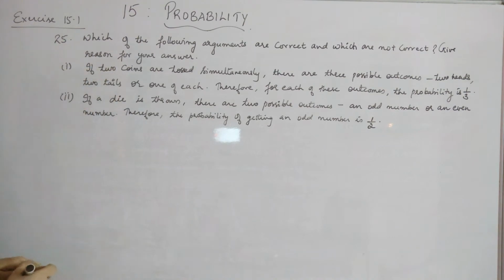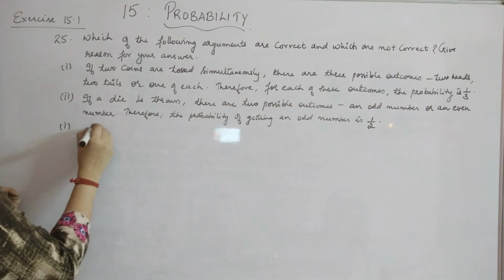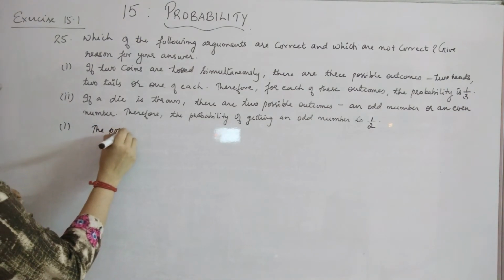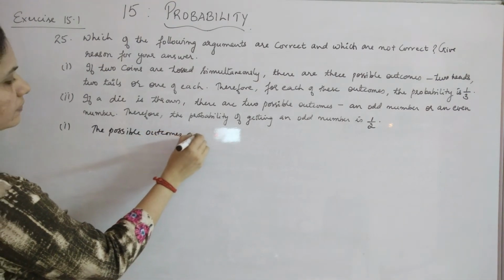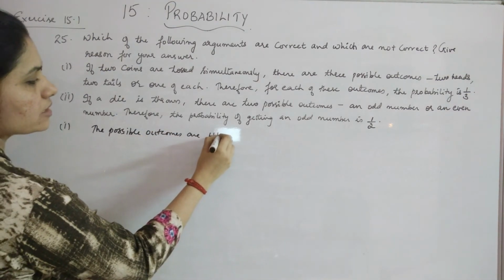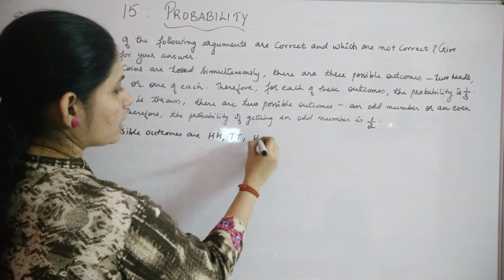When two coins are tossed, what are the possible outcomes? The possible outcomes are getting 2 heads, getting 2 tails, getting 1 head and 1 tail.